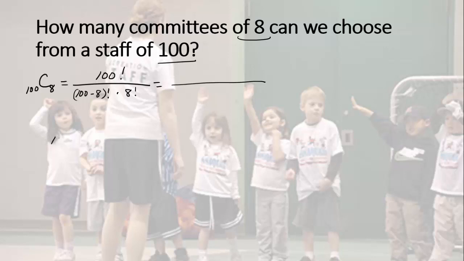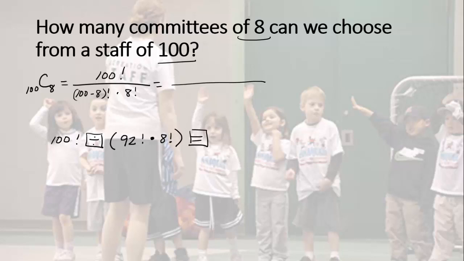Just remember that when you put in 100 factorial, you hit the division symbol. I would open parentheses before doing all the calculations in the denominator. Now 100 minus 8 we can do mentally, that's just 92, right? So do 92 factorial times 8 factorial, end the parentheses, hit the equals button, and that will calculate correctly.